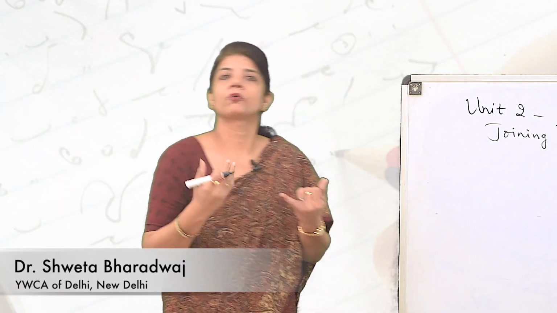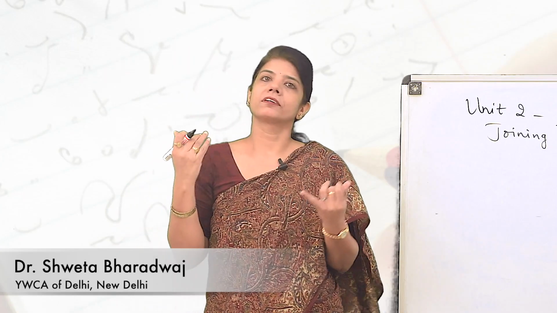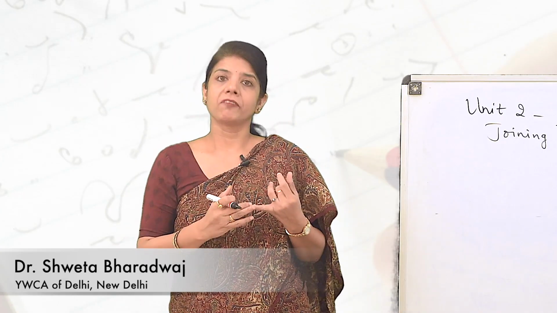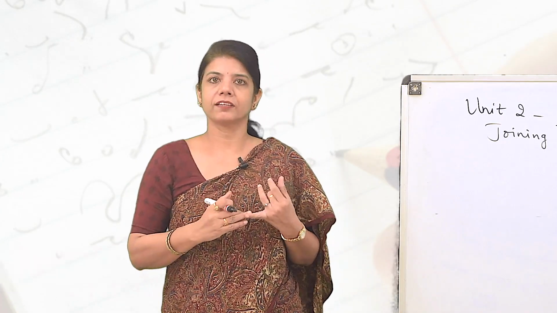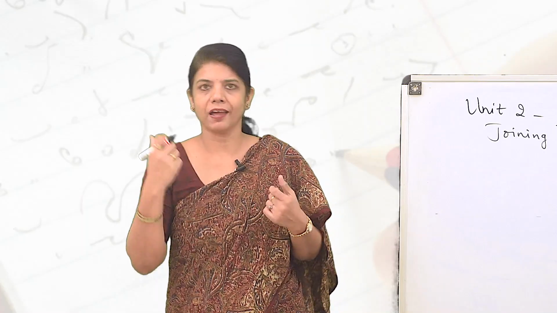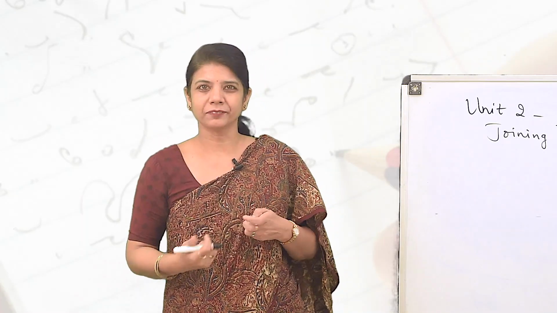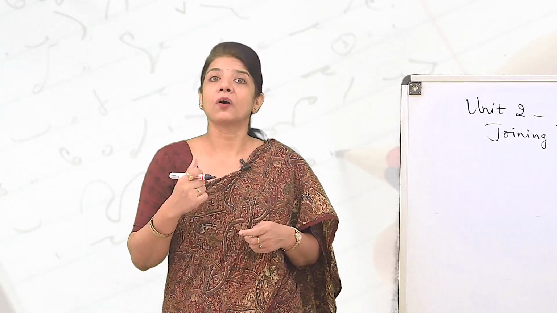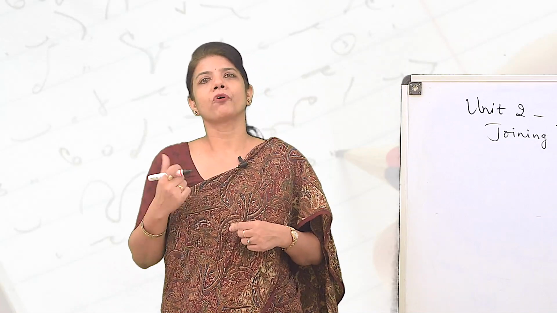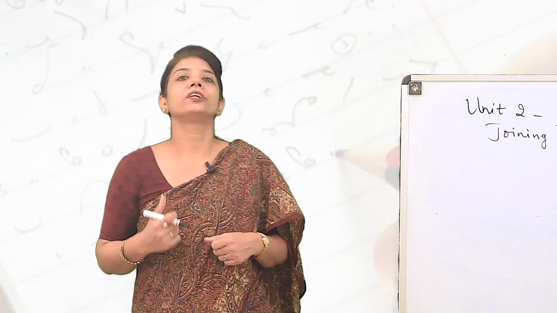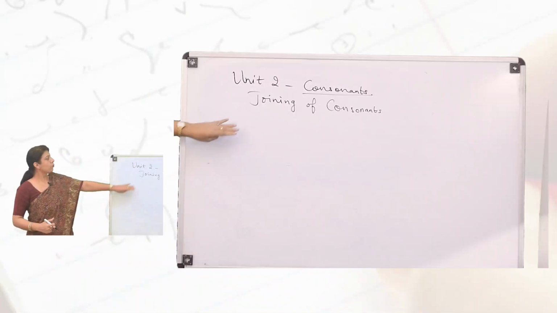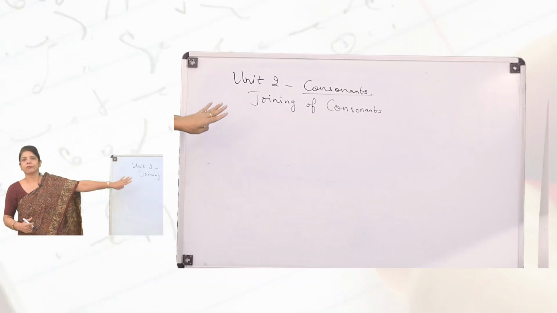We have learnt about consonants, we have learnt the features, we have learnt the categorization, that is how many consonants do we have under which category, and even we have learnt the outlines of all the 24 consonants plus 2 additional consonants. So now moving ahead to joining of consonants.